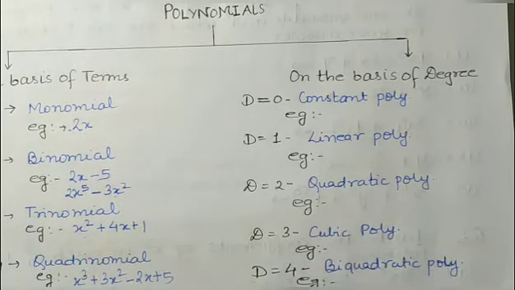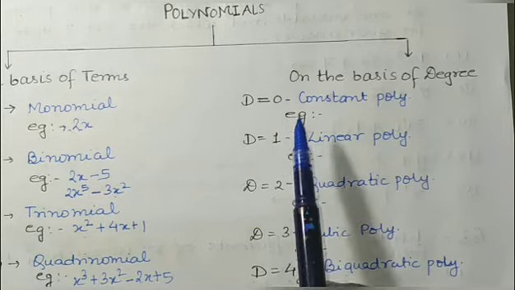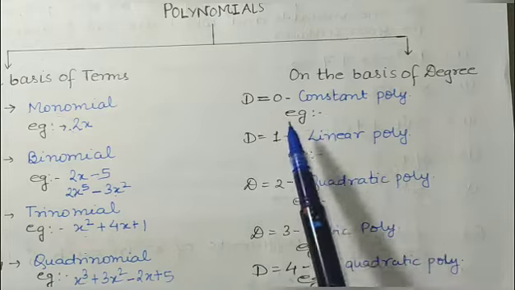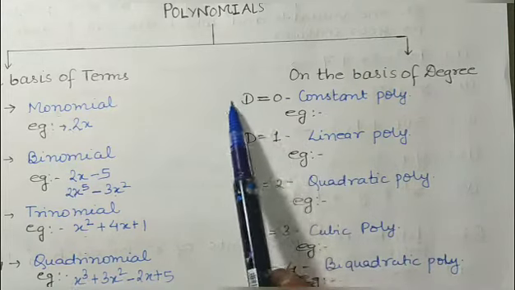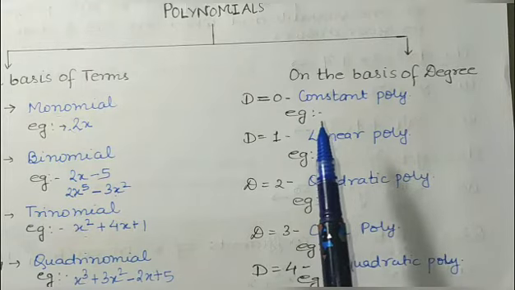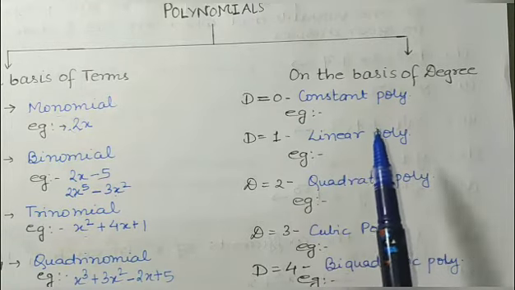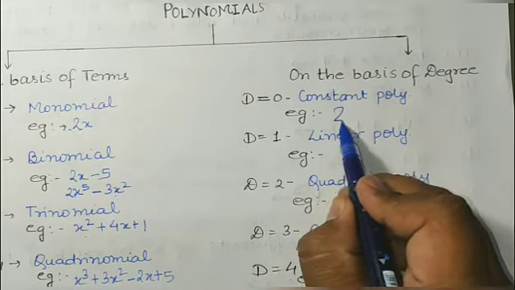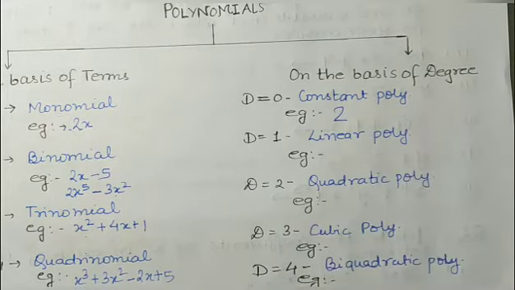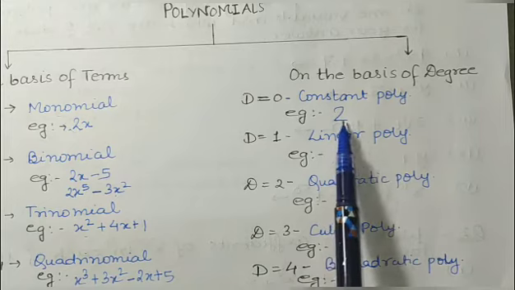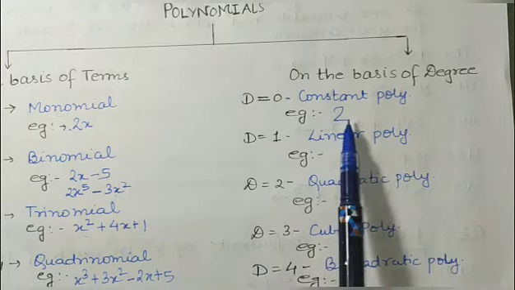The first classification of polynomials on the basis of degree is if the degree is 0. Think, students, when will the degree of a polynomial be 0? If we write 2 only. If someone asks what the degree of this polynomial is, firstly you see whether it is a polynomial or not.